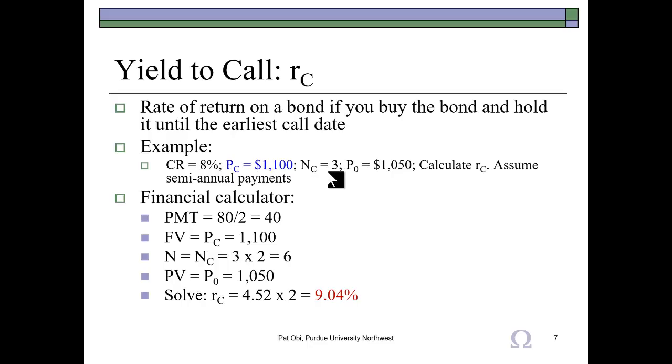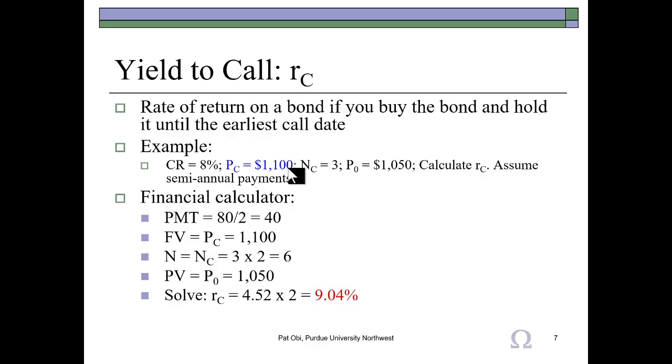And if this bond is called 3 years from now, the company is going to pay each bondholder $100 over and above the face value of $1,000 for a total of 1,100 bucks. So that means that the call premium here is 10%. 10% of 1,000 is 100. So the total money that you're going to get back if this bond is called 3 years from now would be 1,100 bucks, which again amounts to the face value of 1,000 plus the premium of 10% of 1,000 or 100 bucks.